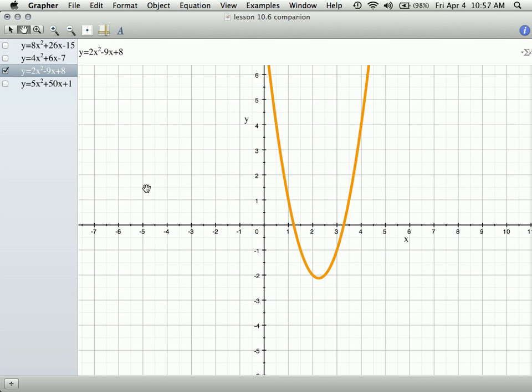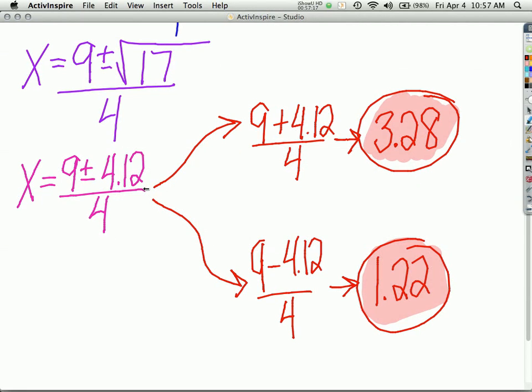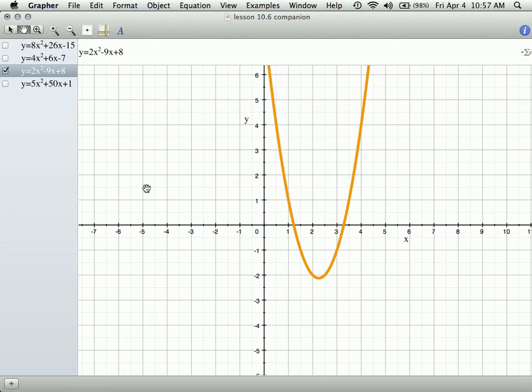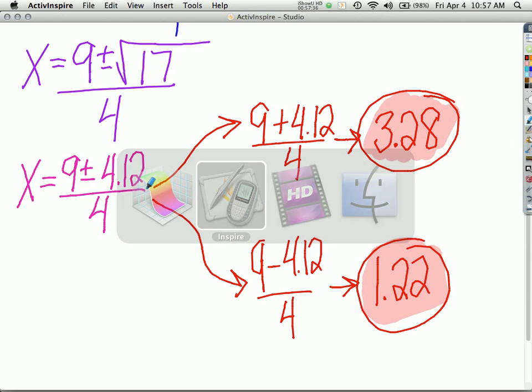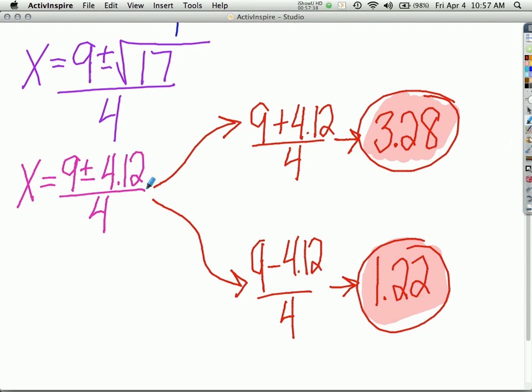So these two locations, here and here, match the two numbers that we just solved for right here. Approximately 1 1/4 and approximately 3 1/4. Let's see if that matches. Yeah, that's about 1 1/4 and that's about 3 1/4. It matches perfectly. Does anyone have any questions about the graph or about how we did this?